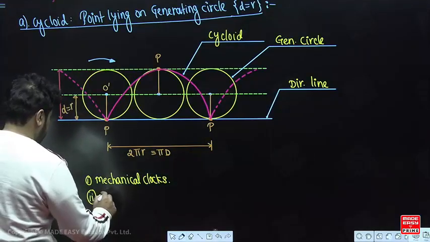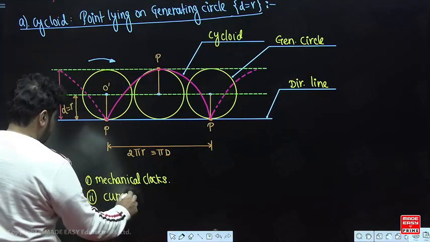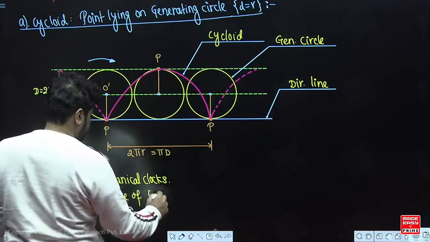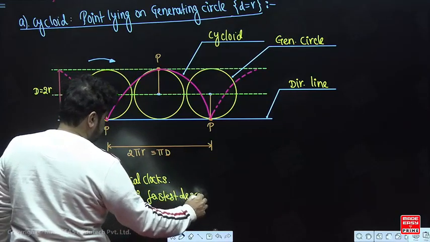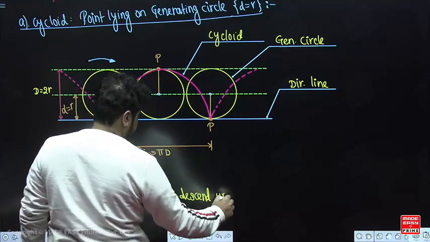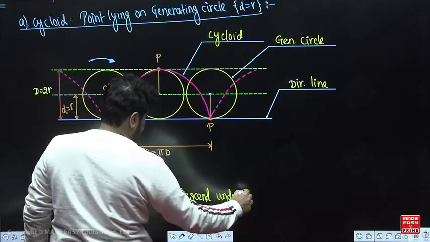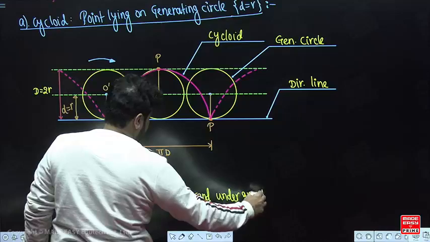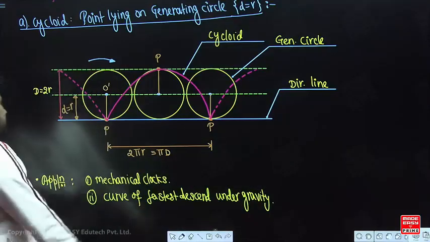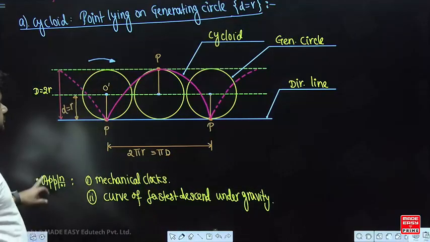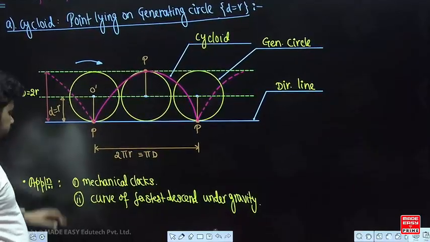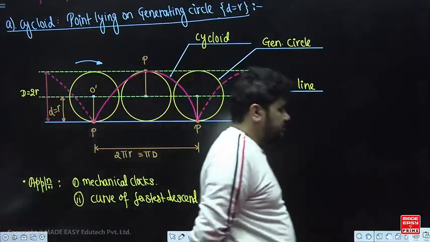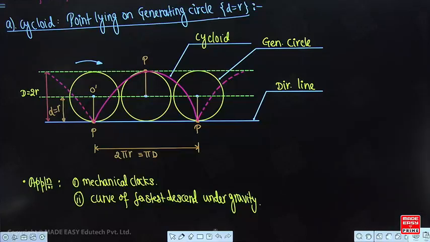Second, it is a curve of fastest descent under gravity. Now what is the meaning of this? Let me first draw it, then I will tell you what the meaning of this is. It is the curve of fastest descent under gravity.